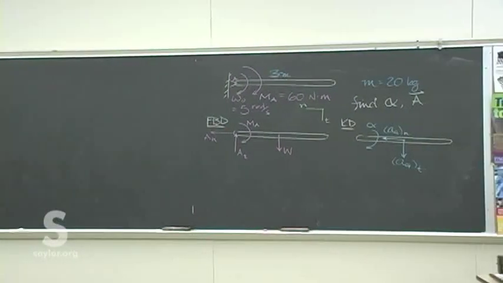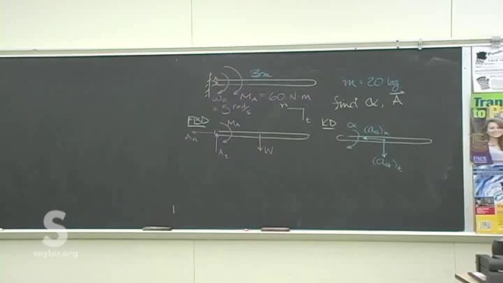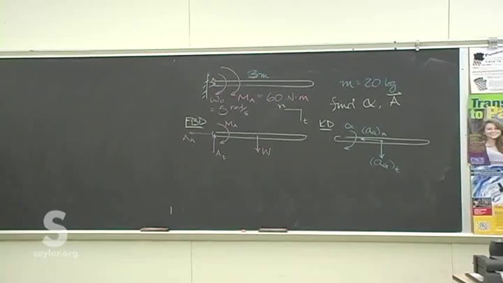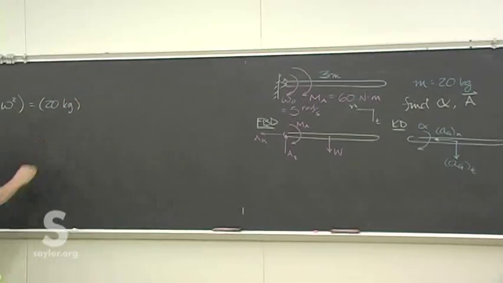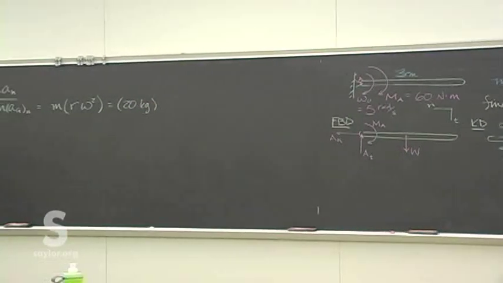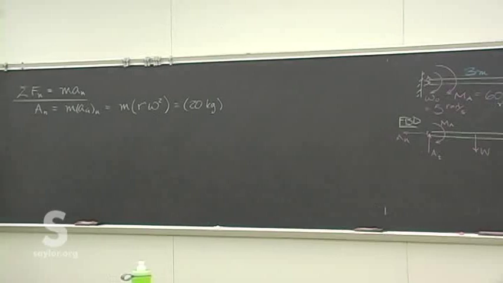And so I think we've got all those pieces, so we can actually calculate this one. Mass of the object's 20 kilograms. What do we mean by R?